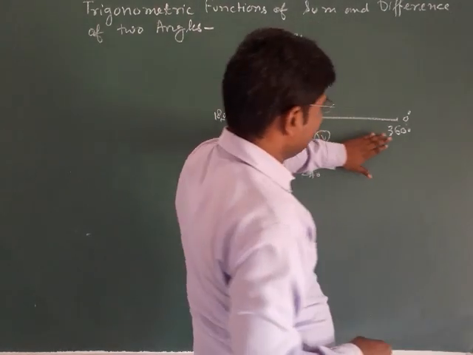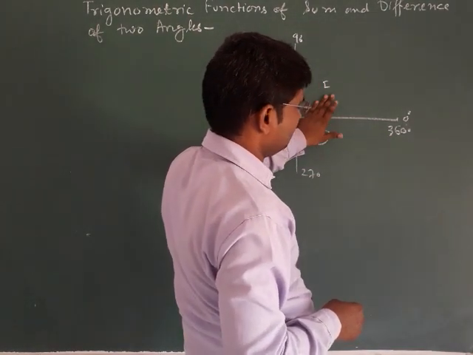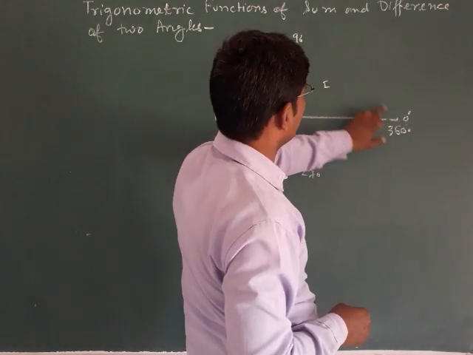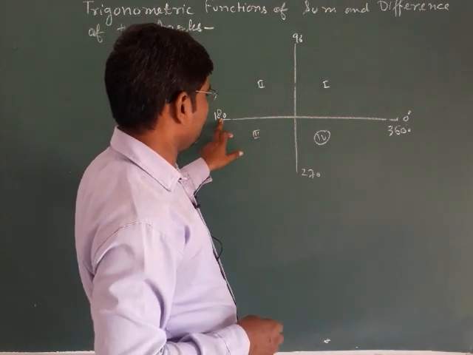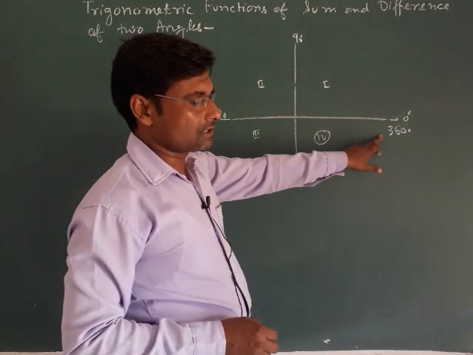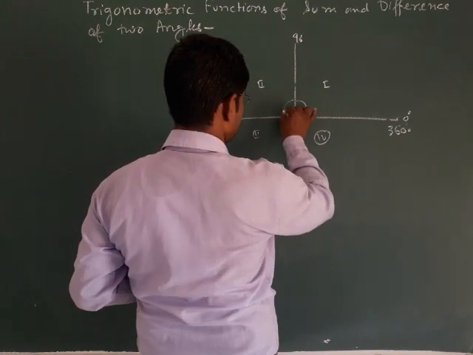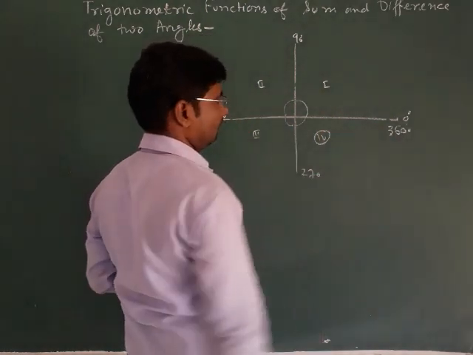Now the complete angle 360 is divided into four parts, in four separate quadrants: 0 to 90, 90 to 180, 180 to 270, 270 to 360. Each is 90 degrees, and the sum is 360.